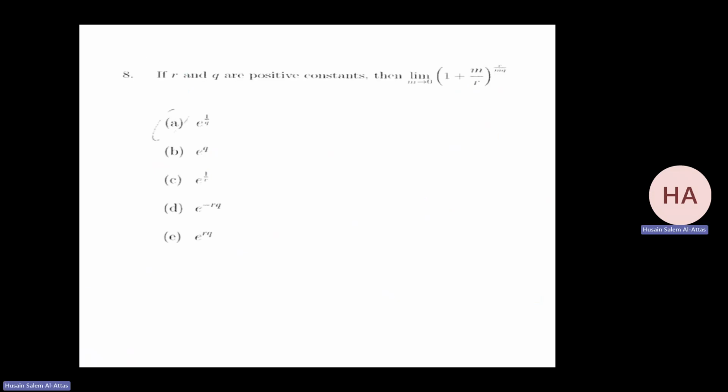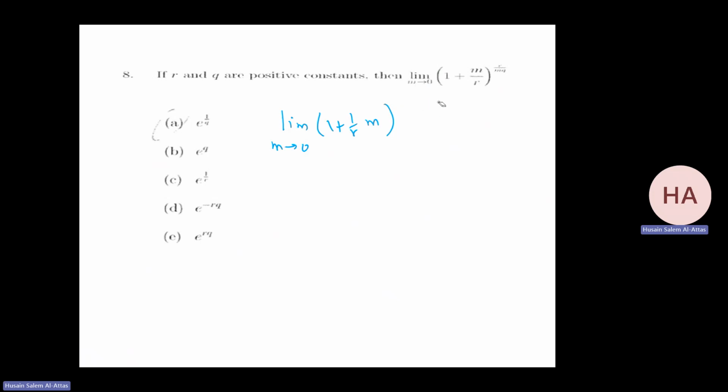Let me do this problem. If r and q, what will be this limit? Now, my concern is with m. So my variable is m. So I have the limit as m goes to 0 of 1 plus 1 over r times m, to the power r over q.